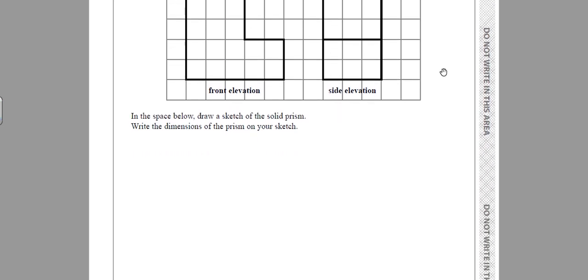So let us do the 3D sketch. So the way to do a 3D sketch is to always draw the front elevation. So we've got that. And then from the side elevation, I'm just going up to the side there.